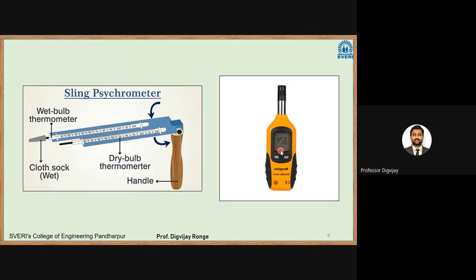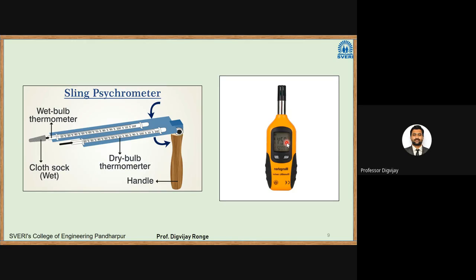Then we have digital psychrometers. I have taken this image from Amazon. It is available on Amazon. So this is a digital psychrometer. It will give you all the values: the value of dry bulb temperature, the value of wet bulb temperature, as well as the value of humidity. If you see here, it is mentioned as a humidity meter.